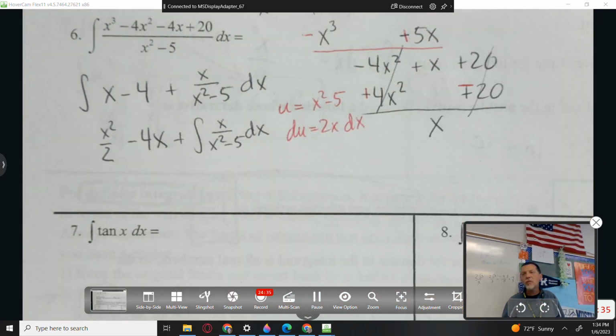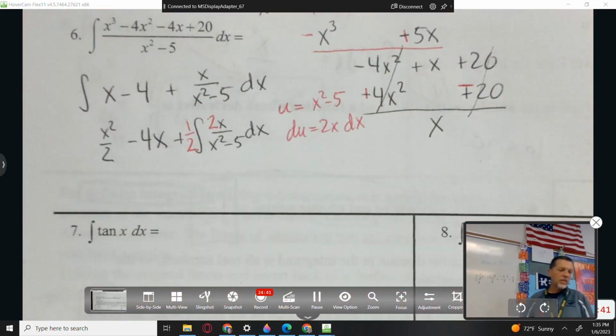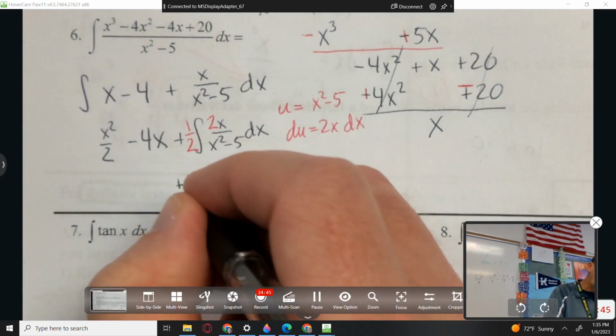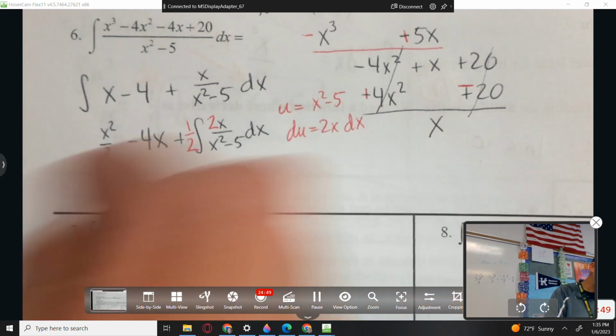So it's not perfect, but it's pretty good. I'm only off by a 2, and we can fix numbers easily. So this becomes 1/2 the antiderivative of du over u.